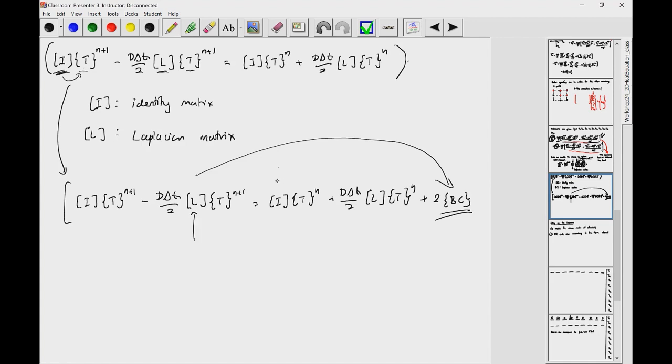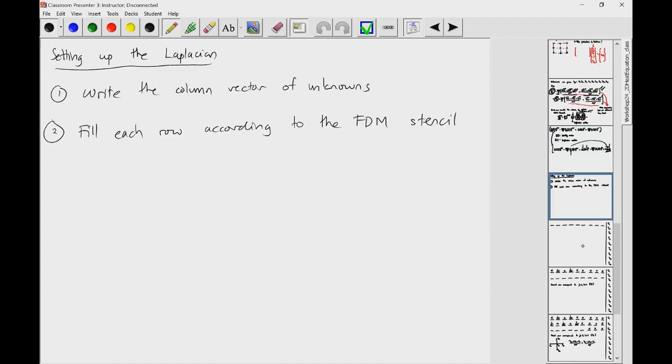Because the identity matrix is an identity matrix, this is a column vector of all the temperatures that you want to solve for, and this will just be the boundary condition value. So the only thing that you have to set up in your matrix is the Laplacian matrix. So how do you set up the Laplacian matrix? You need to first of all write the column vector of all the unknowns, and then you're going to fill each row corresponding to the finite difference stencil.